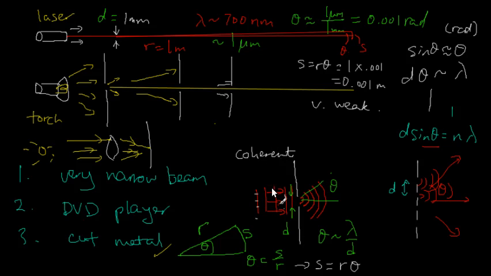In terms of wave coherence, it means that, for example, different parts of the waves are always in phase, or have the same phase relation.